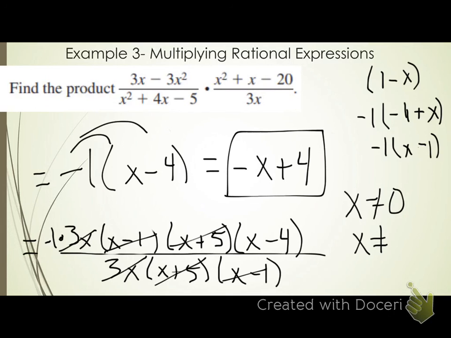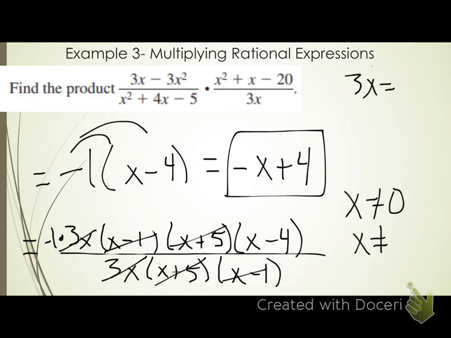If you don't know, here's a little trick. You can set each factor in your denominator equal to 0. So 3x equals 0. Divide by 3. So 3x equaling 0, x would have to be 0 to make it 0. So that's why we said x cannot equal 0. Okay? Now let's set x plus 5 equal to 0.